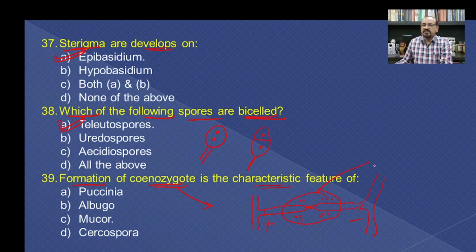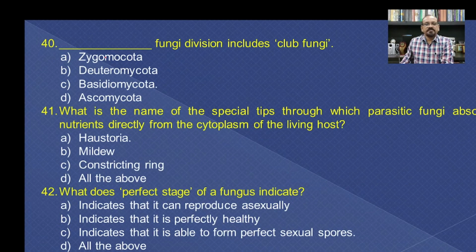In this way there will be formation of many zygotes inside it, and such a structure in which many fused nuclei from the plus strain and the minus strain are present is known as the coenozygote, and hence it is found in Mucor.